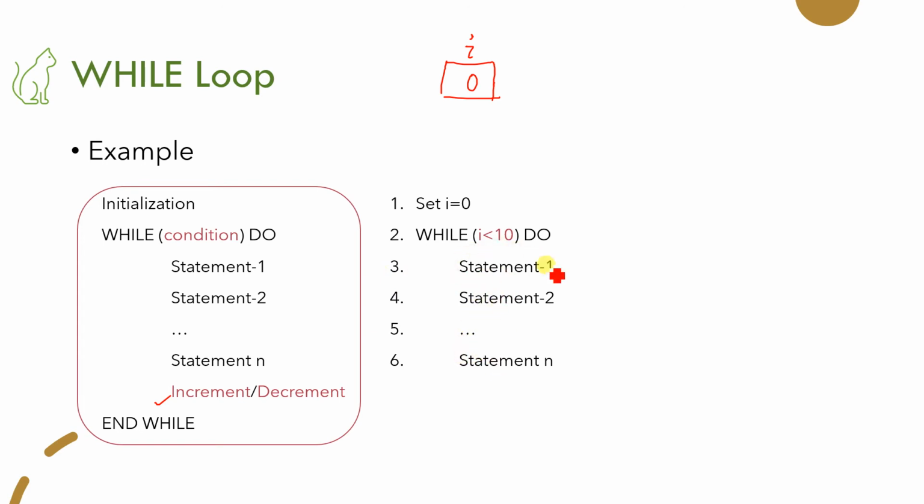Now these statements are going to be executed as long as the condition is true. For the first time, I value is 0, so 0 is less than 10, the condition is satisfied. That means statement 1 to statement n is completely executed.